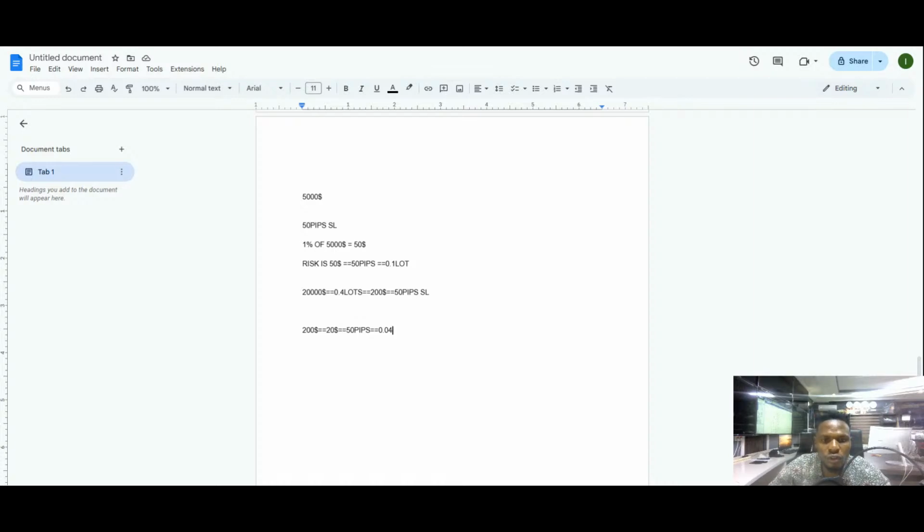If it is 0.4, 50 pips for 0.4 will be $200. If you are using 0.4 for 50 pips, that will be $200. So it's 0.04 to give $20. So we are using 0.04 lots. Okay, 25, yeah.